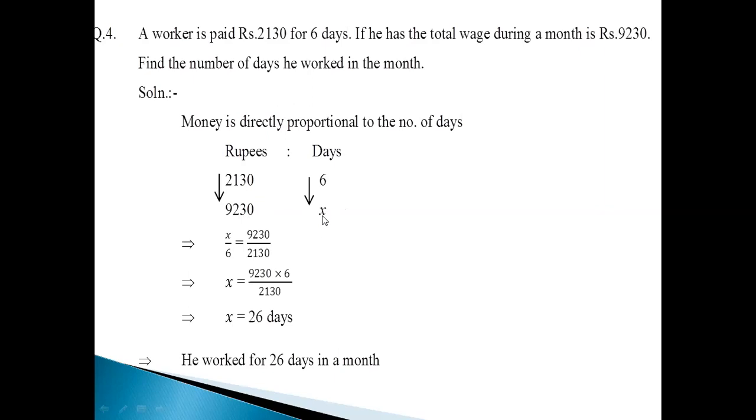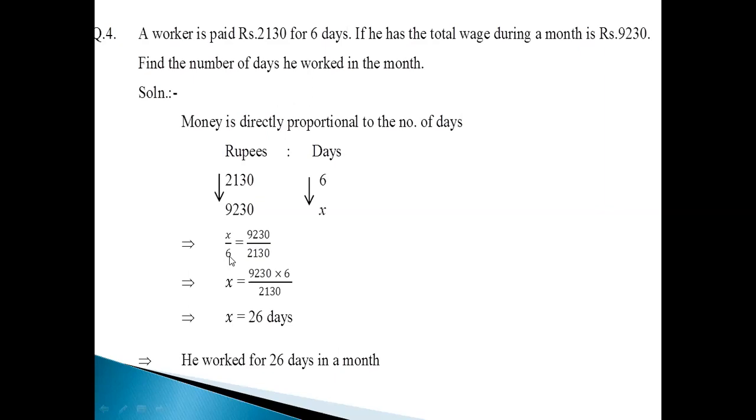So X should be some greater value than 6. Where the arrowhead goes, we write the value from that. Look, it goes to X. So X divided by 6. Here it goes to 9000. So 9230 divided by 2130, always the greater when direct proportion. So greater divided by smaller equals greater divided by smaller.